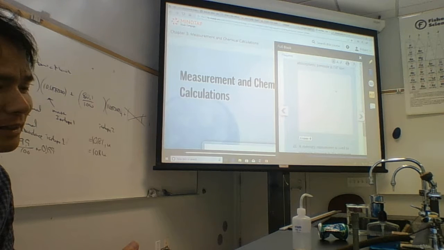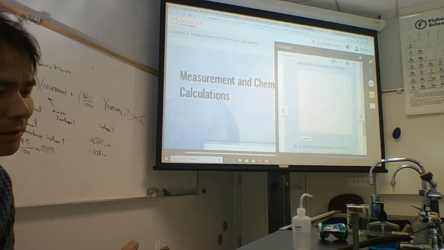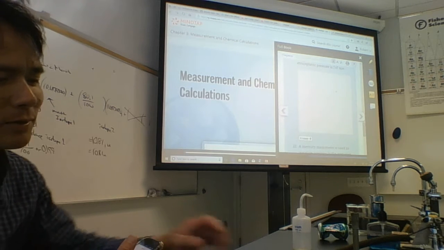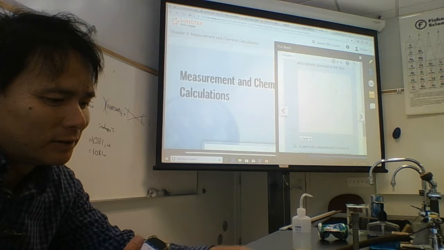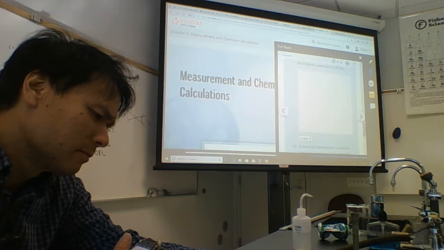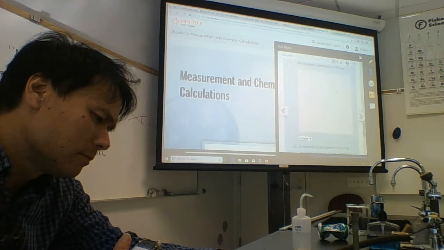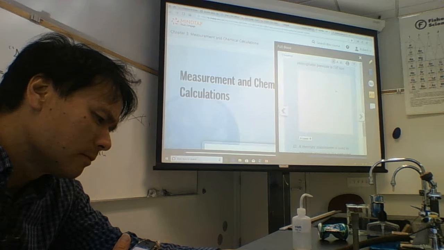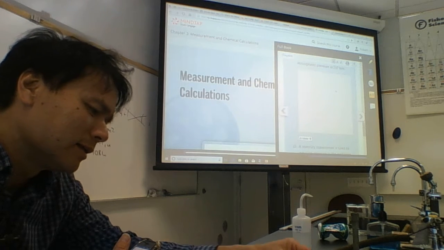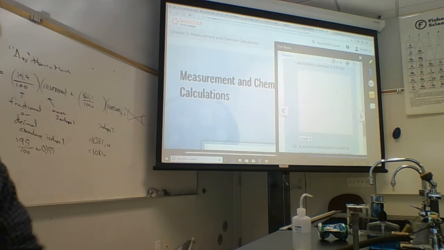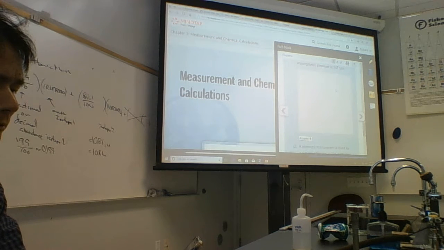I ended up getting 920 torr. 920 torr. All right. And then which was the next one? Number 23, this one. Okay. And what's your answer? I ended up getting, for Fahrenheit, negative 492, and for Celsius, negative 291.1. Okay.